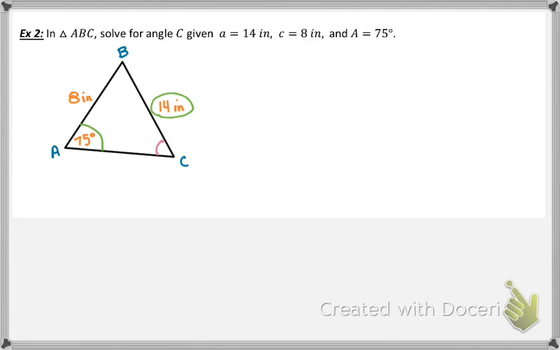So let's start with that. 14 over the sine of 75 degrees, set up a proportion, is equal to, and we're looking for angle C, so let's start with the side opposite angle C, so 8 over the sine of angle C. And you could name it theta if you want to, you could name it C. And once we have this proportion set up, we're going to cross multiply.